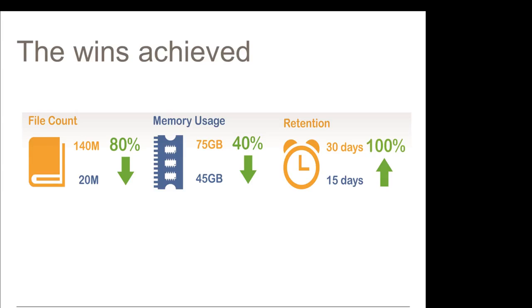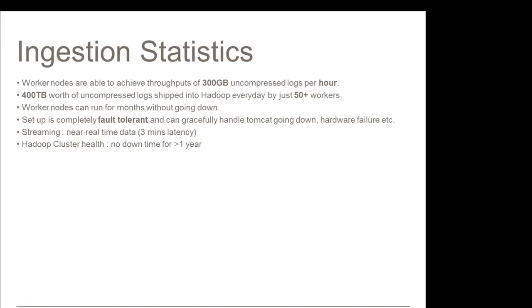Because the number of files was reduced, the metadata imprint on the name node came down drastically. Storage was never an issue for us; the size of the name node heap was always the issue. Since we brought the heap down, we were able to increase the log retention for our customers from 15 days to 30 days.